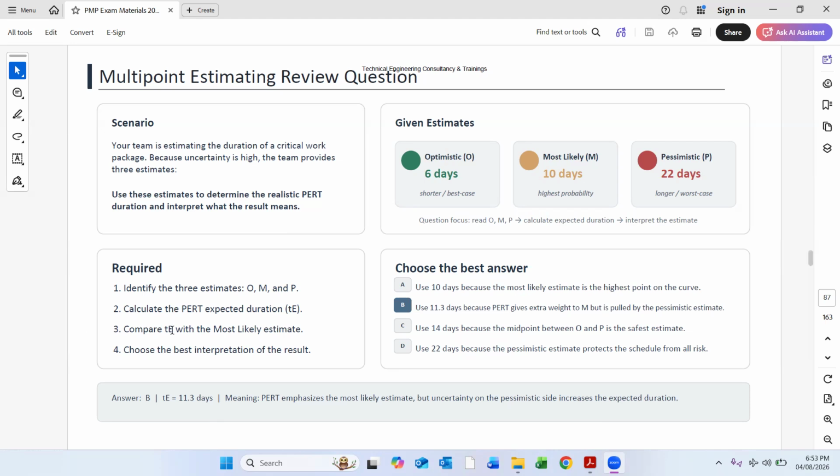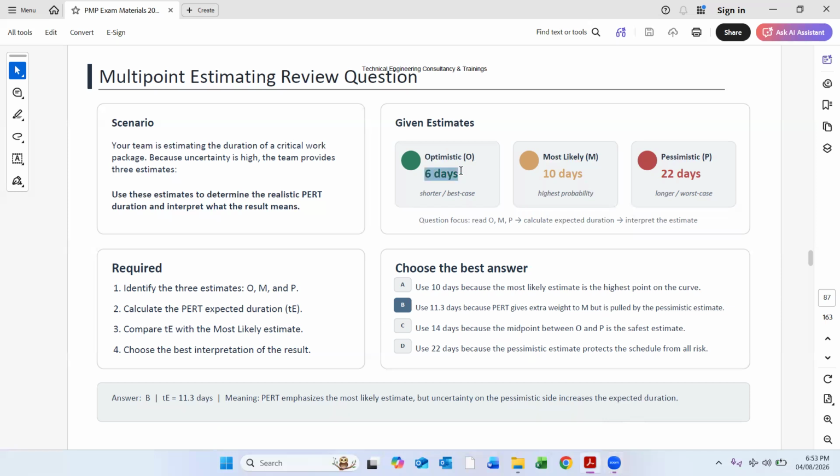Compare expected duration, or expected time, with the most likely estimate. Choose the best interpretation of the result. So, which is the correct answer? Okay.